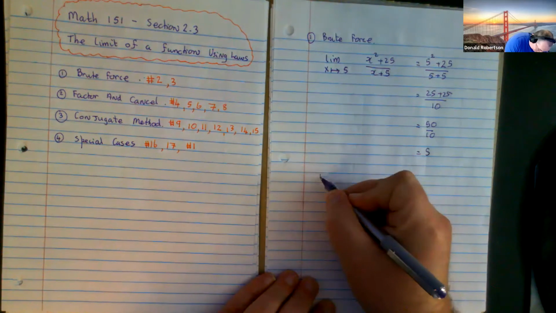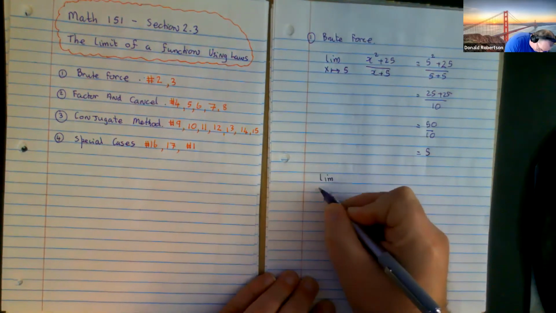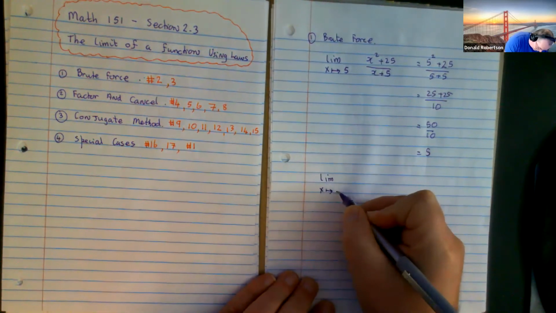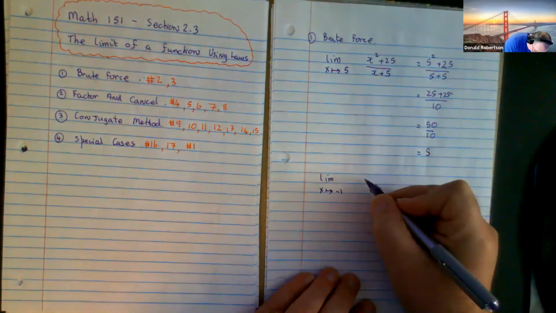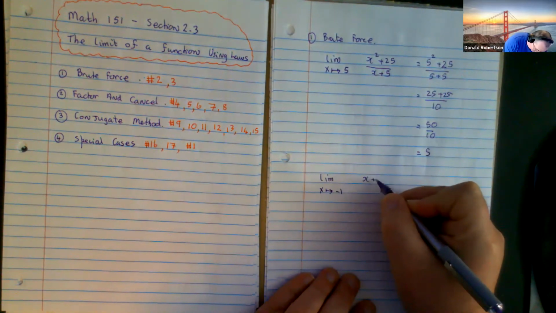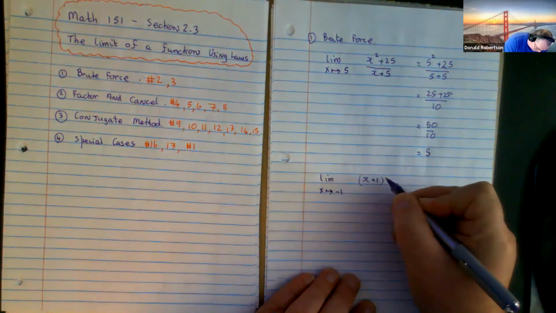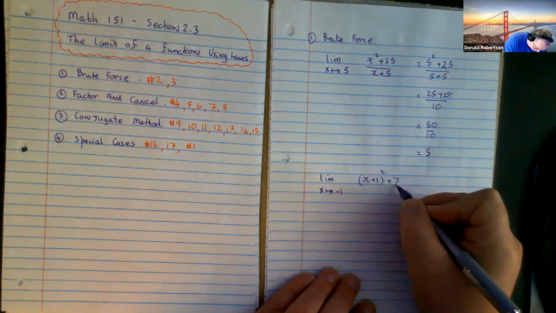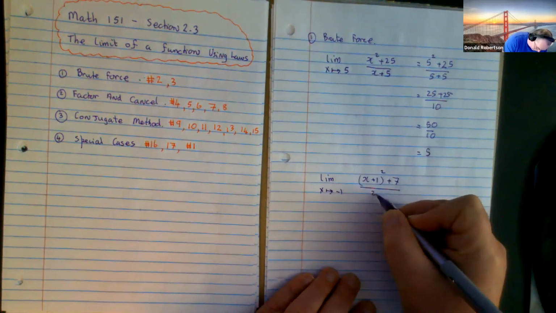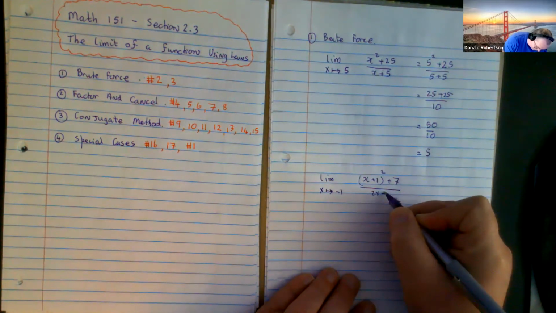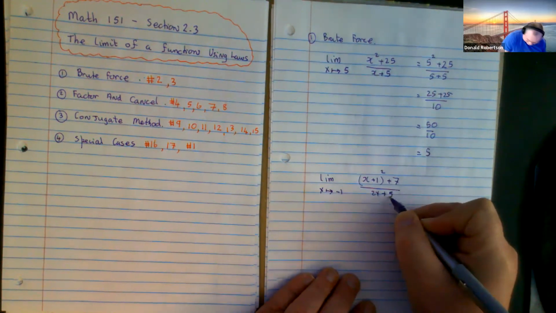So you might, for instance, get a question, this is again brute force, where x tends to -1, and it's (x plus 1) squared plus 7 over 2x plus 5.